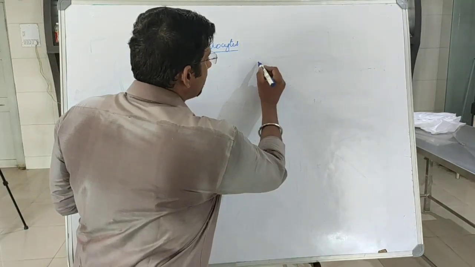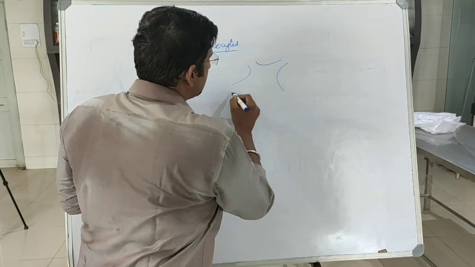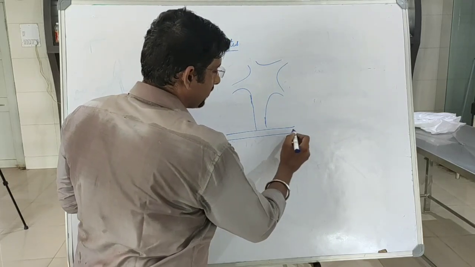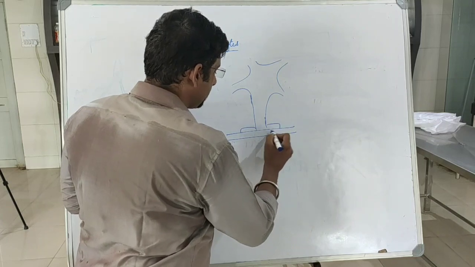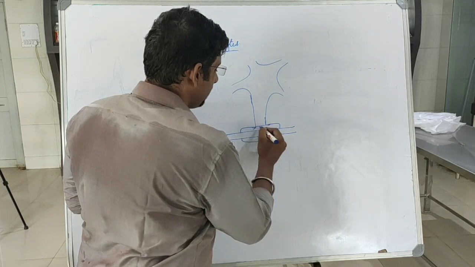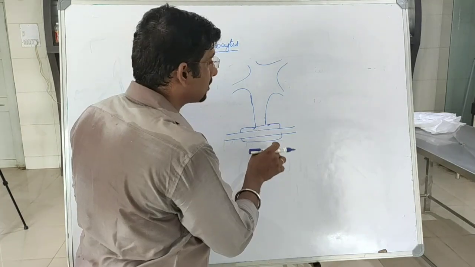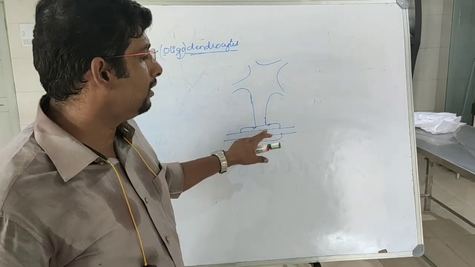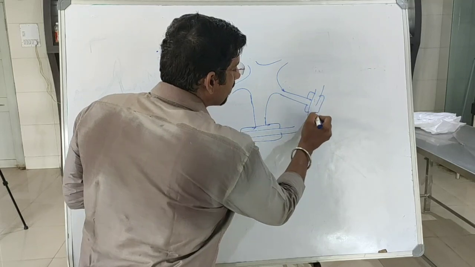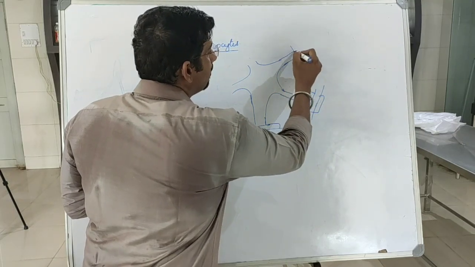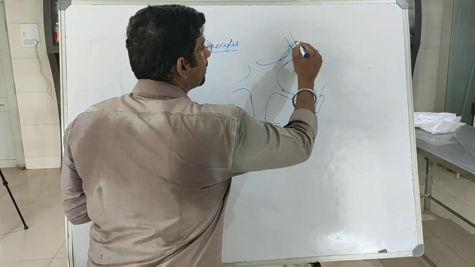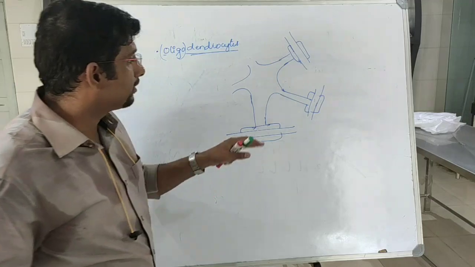For example, this is one oligodendrocyte and this is a nerve axon. It forms the myelin sheath around one axon. It does not only do one axon, it can do the myelination of multiple axons.